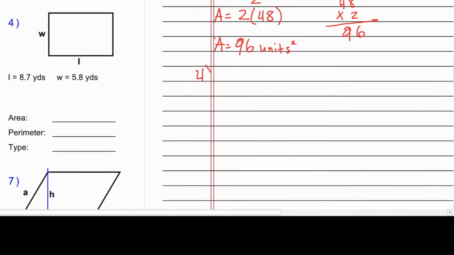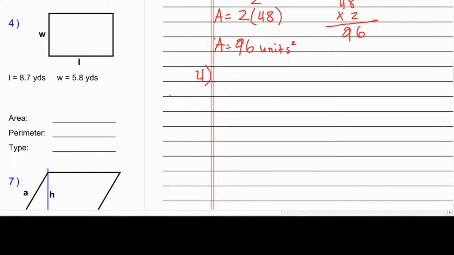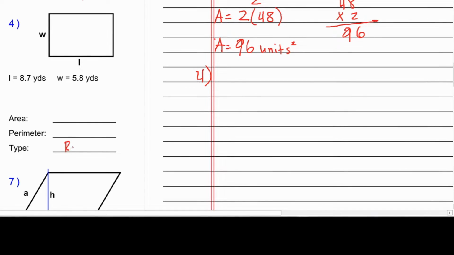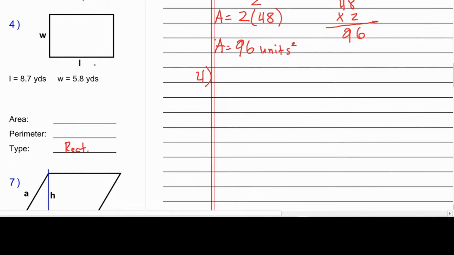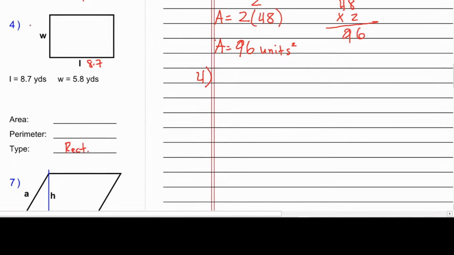And again, we're only going to do one of each of these because they're not that difficult to understand. Right away, we should recognize that this is going to be a rectangle. Okay, and in this rectangle, we're told that its length is 8.7 and its width is 5.8.